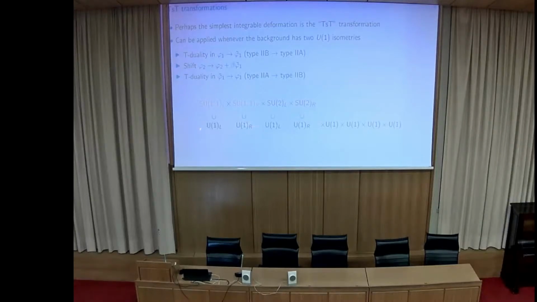Therefore, one can use these U(1)s in order to do TSTs along any of these directions. Here, I would like to preserve some amount of supersymmetry, so I will choose to leave the left copies always invariant. I don't want to deform them, so I will not touch the U(1) left from SU(1,1) left, or the U(1) left from SU(2) left. I will just play with the right copy or the U(1)s in the torus directions.